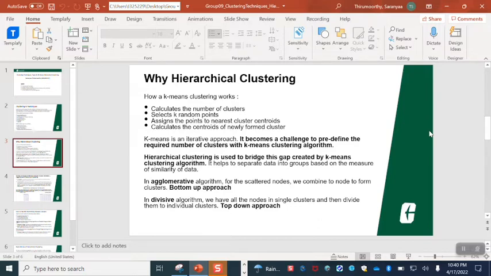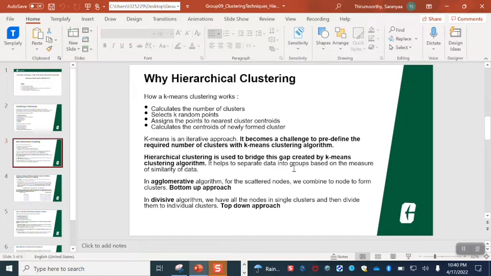This is how the agglomerative approach works. In the divisive algorithm, all the nodes are considered within a single cluster, and the single cluster is then divided into multiple clusters. This is how the divisive algorithm works.